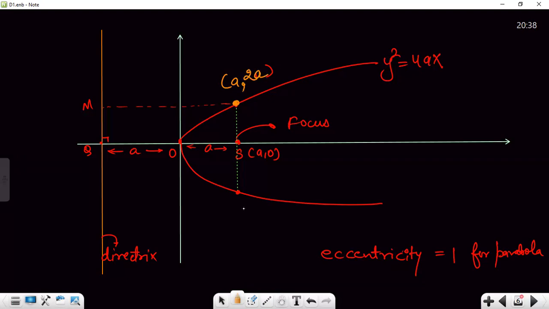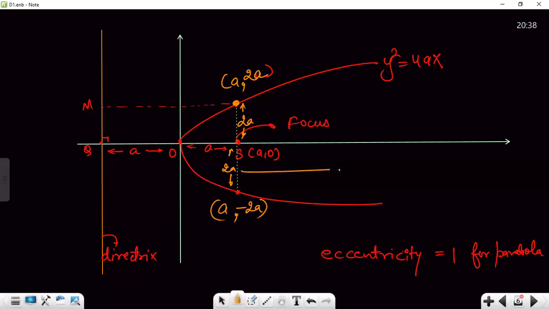So this is plus 2a and this will be minus 2a. These are two points, and this distance is 2a and this distance is also 2a.